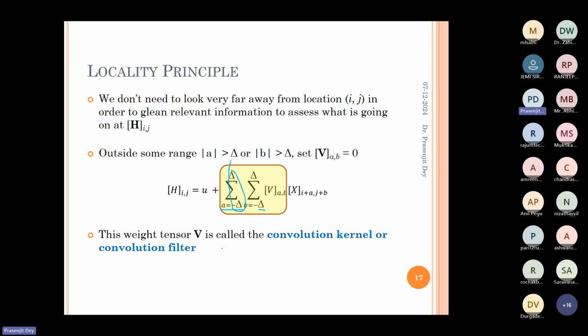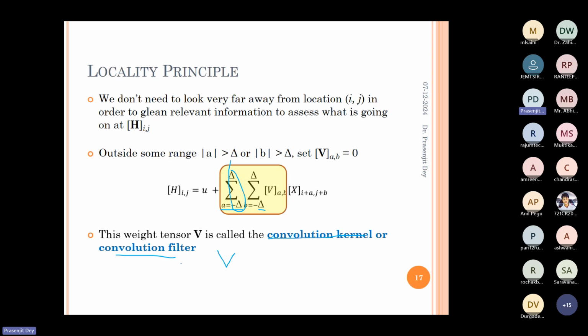And in that case, this vector V, the weight tensor or kernel, is actually the convolution kernel or convolution filter. In many books you may see convolution kernel, convolution filter, weight tensor, feature detector; they are basically the same.